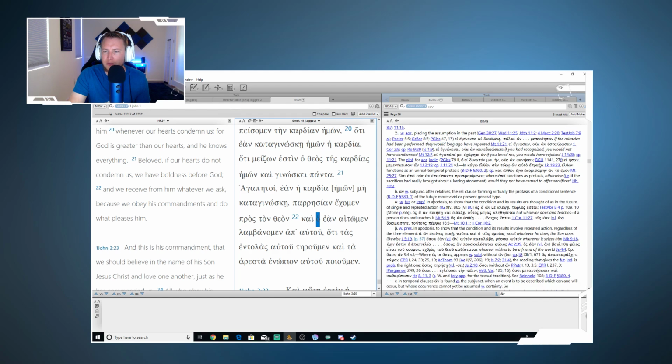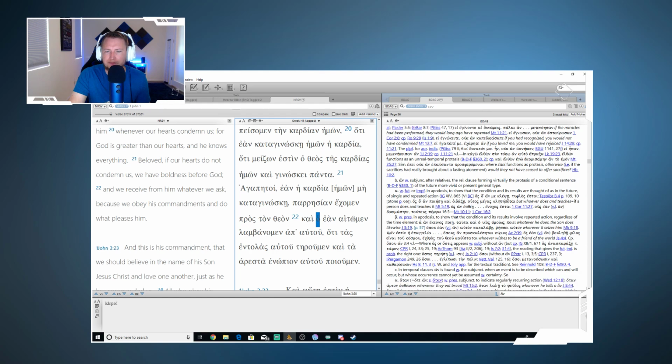Ean with subjunctive after relatives, the relative clause forming virtually the protasis of a conditional sentence of the future, more vivid, or present general type.